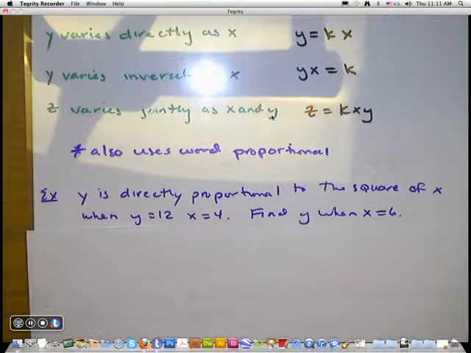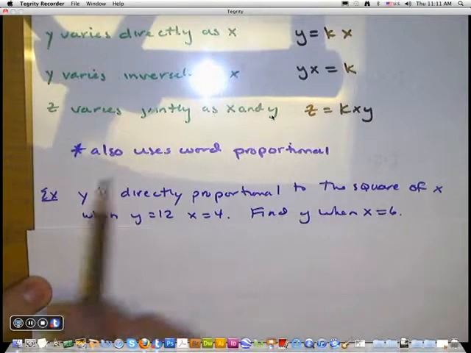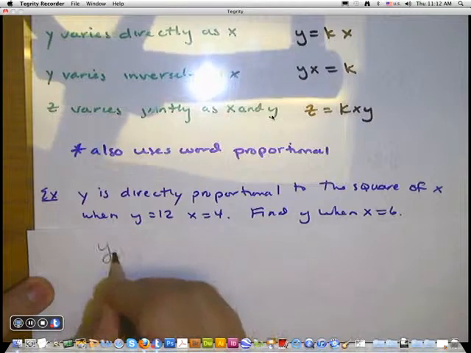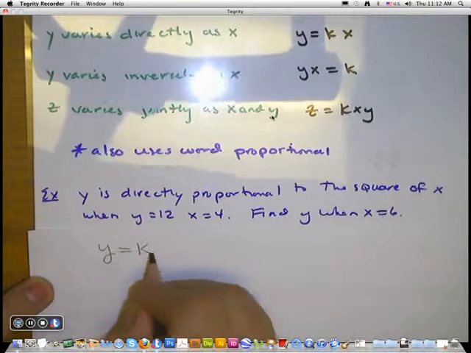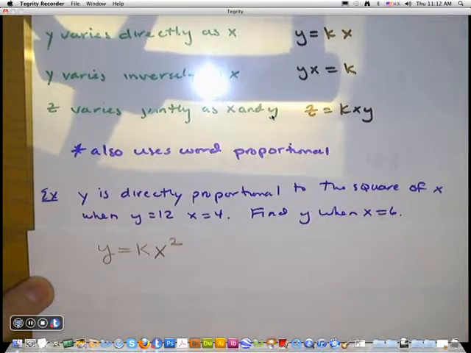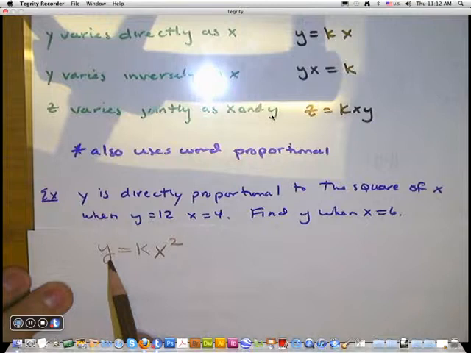The very first thing you're going to do is you're going to set up the first piece of information. So y is directly proportional to the square of x. So that's the formula you're going to use. Directly proportional means the 2 things are on opposite sides. The one I read first goes first.